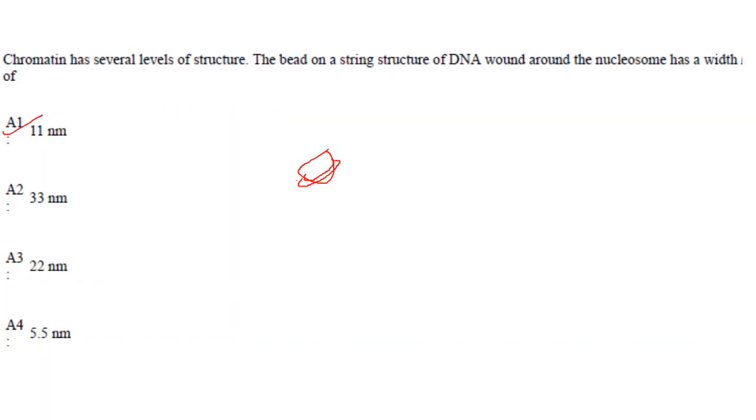Then next one. Chromatin has several levels of structure. The bead on a string structure of DNA wound around the nucleosome has a width of... So it has a width of 11 nanometers. This is the bead and this is the DNA that is wound around it.